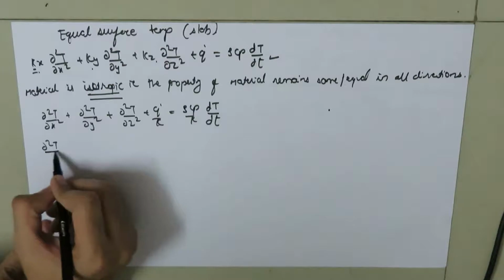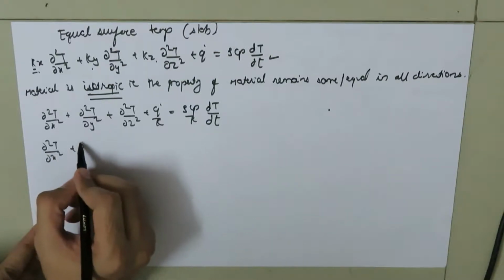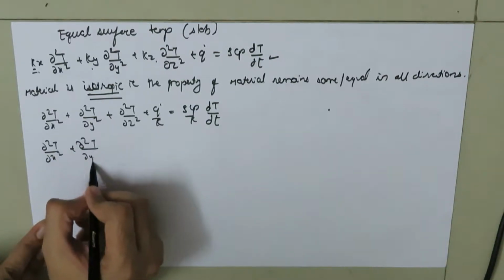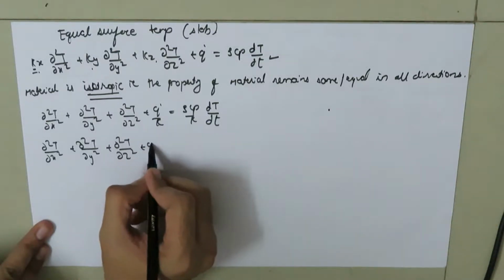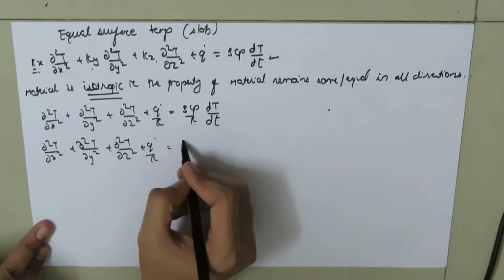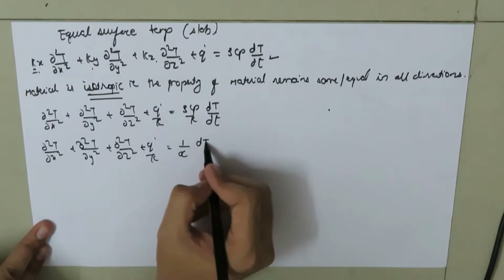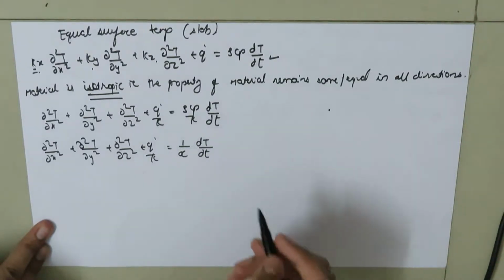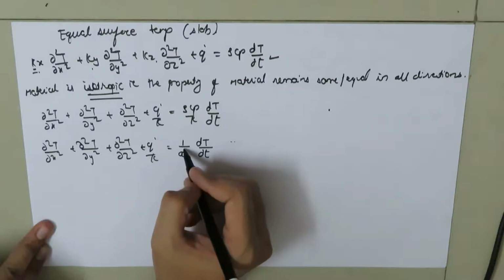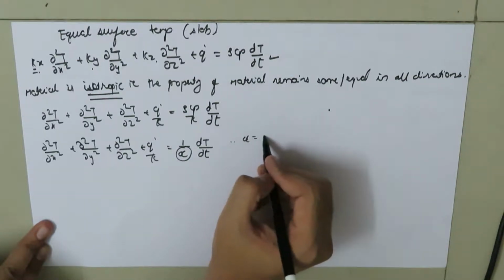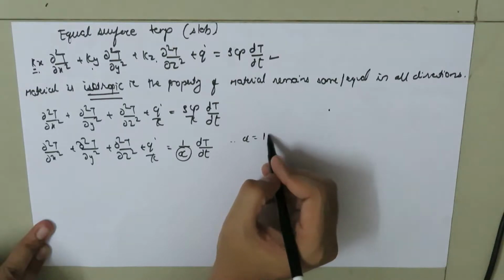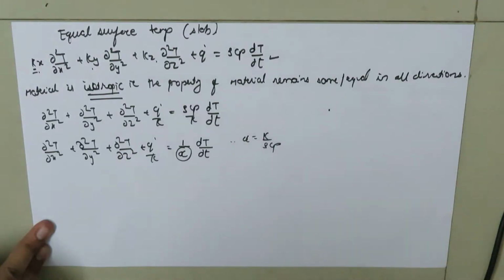So ∂²T/∂x² plus ∂²T/∂y² plus ∂²T/∂z² plus q dot by k is equal to 1 by alpha, the change in temperature with respect to the change in time, where alpha is the thermal diffusivity. So alpha is equal to k by rho times Cp.